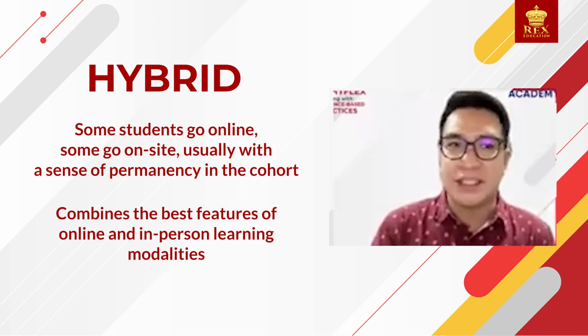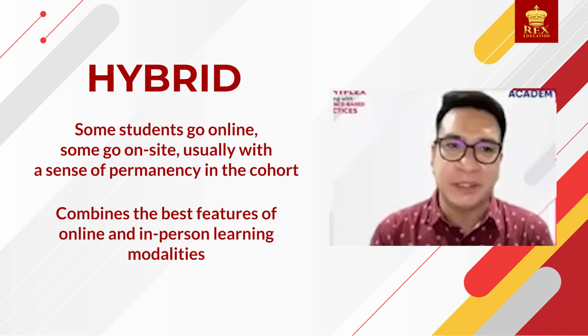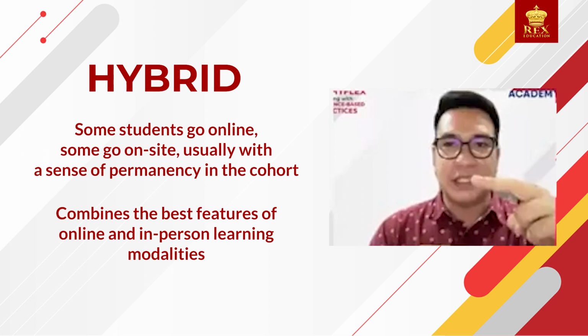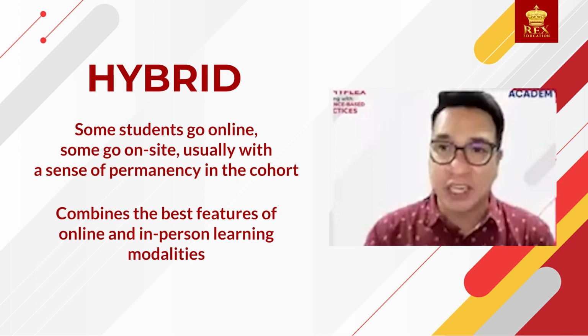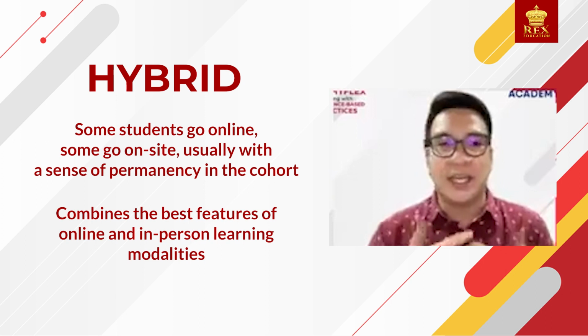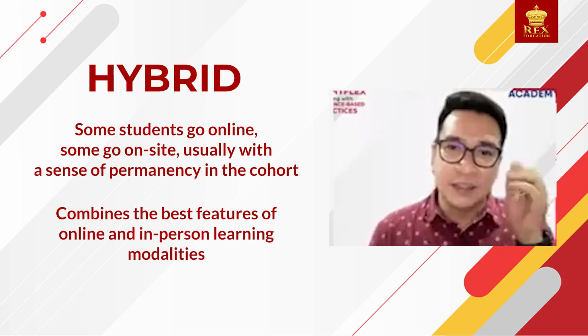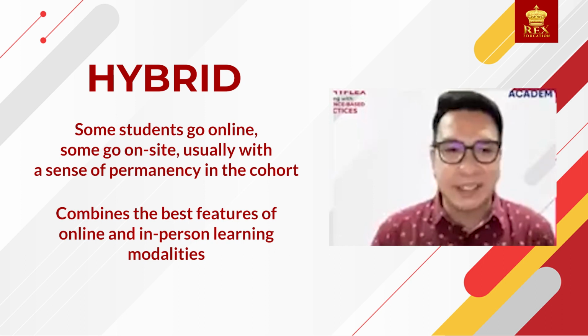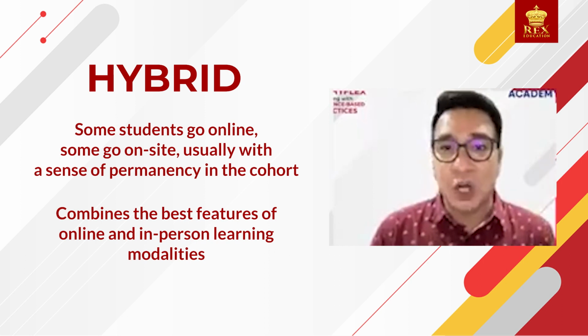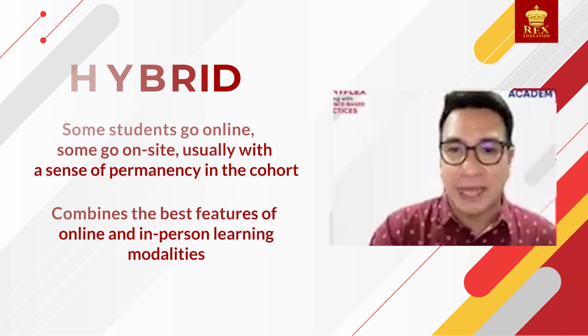There's a sense of permanency in that it's the same group that you'll be teaching, and they will be able to exchange on the next week who goes online and who goes on-site. So that's hybrid. Basically, it's marrying the features of online and in-person learning modalities.